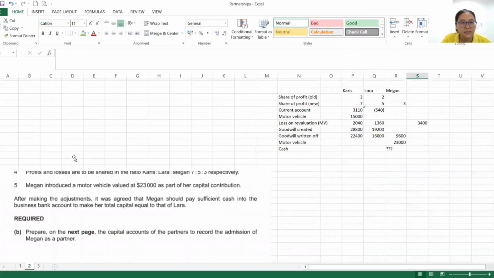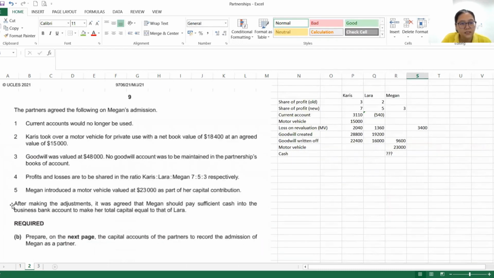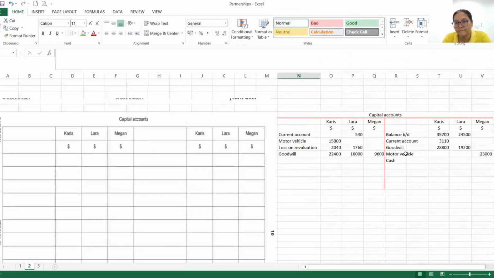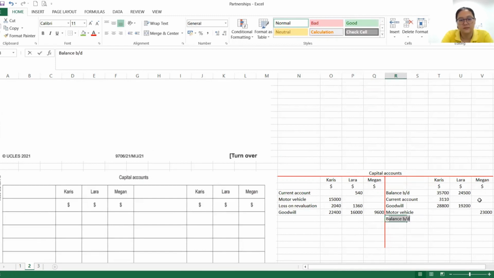Because they say in here, after making the adjustment, it was agreed to pay it into the business bank account. So in this case, the cash will go to the bank. Cash goes to the bank, but how much of it? This is what we're going to find later on. So what we have to do now is calculate how much the differences are for both.